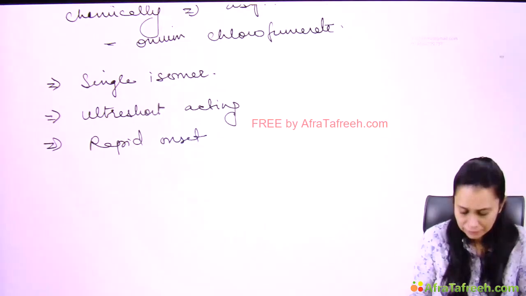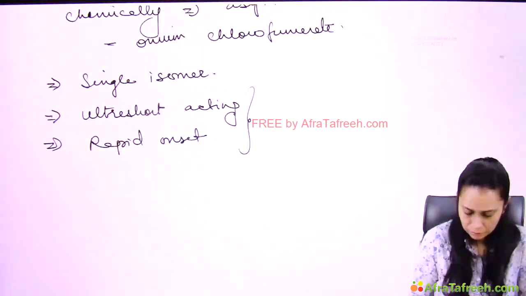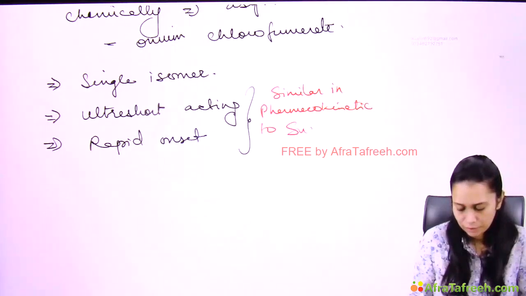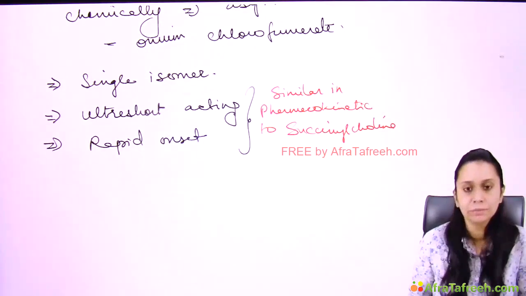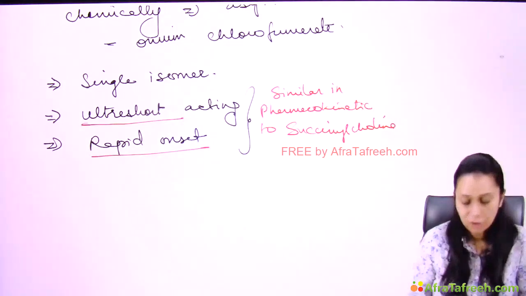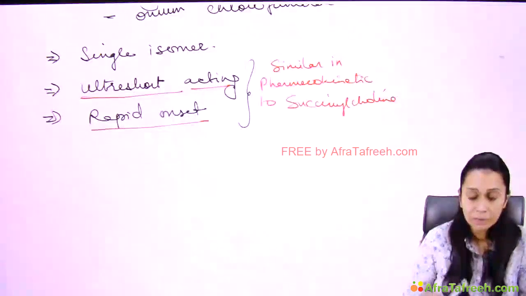Both make it similar in pharmacokinetics to succinylcholine, which we have discussed, with the fastest onset and shortest duration. Gantacurium also has ultra short action with a short duration and rapid onset, right? So the pharmacokinetics is similar to succinylcholine.